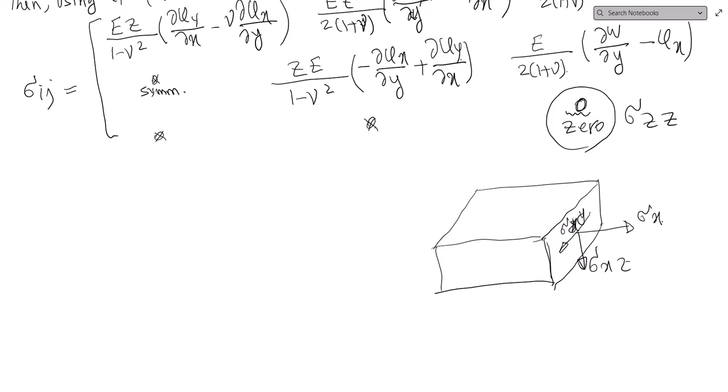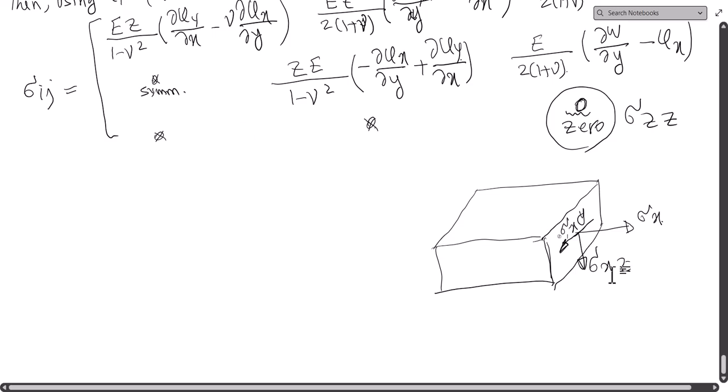These stresses are responsible for creating moment. This is responsible for creating twist, and this is our transverse shear.